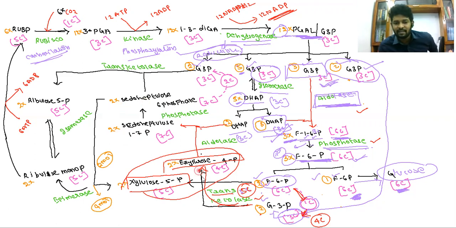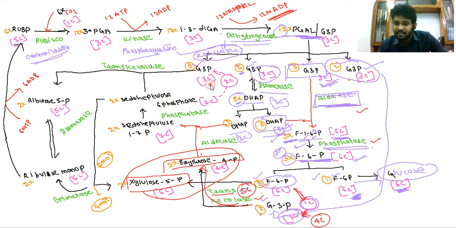After that, what happened? Transketolase has to happen. So these 2 molecules of pseudoheptulose 6 phosphate combine with the 2 glyceraldehyde 3 phosphate present at the start, right? Pseudoheptulose is a 7 carbon compound, and 2 carbons are given to this glyceraldehyde 3 phosphate.